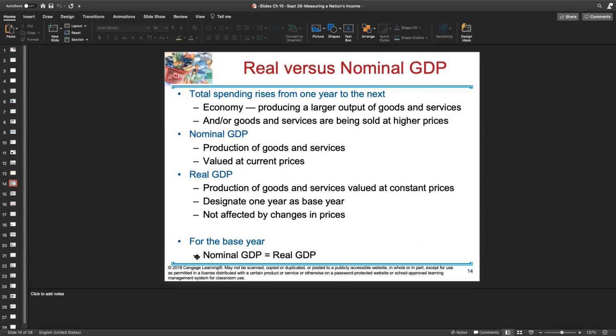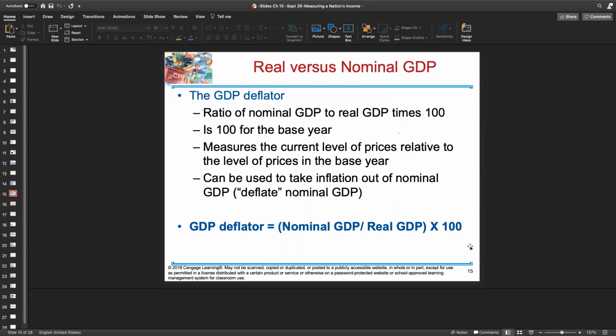To actually measure the real GDP, how much our total goods and services really increase over the years, you have to look at these two, nominal and real GDP, in one specific base year to be able to look at the change in the real GDP over time. And we will show that by example.